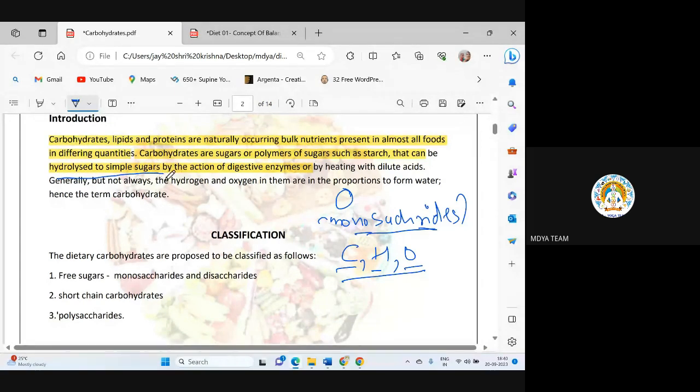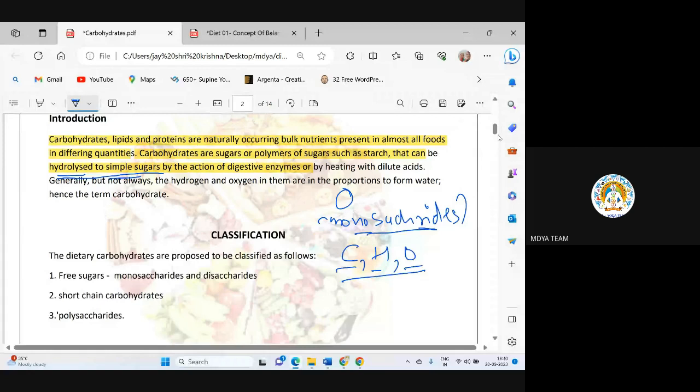Hydrolysis means reacting something with water, and when anything is broken in the presence of water, that process is known as hydrolysis. In simple words, you can understand it as breaking something. So if we break carbohydrate, we will find simple sugar, or monosaccharide. This is all written here.